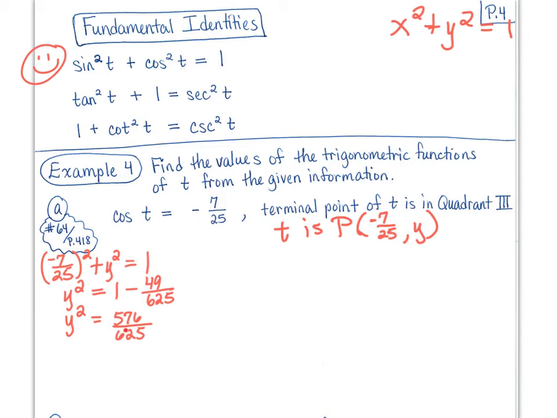And now we take the square root of both sides. When you take the square root of both sides, you end up with plus or minus, right? So y is equal to plus or minus. The square root of 576 is what? 24, good. And then the square root of 625 is what? 25. Now we're in quadrant 3, right?